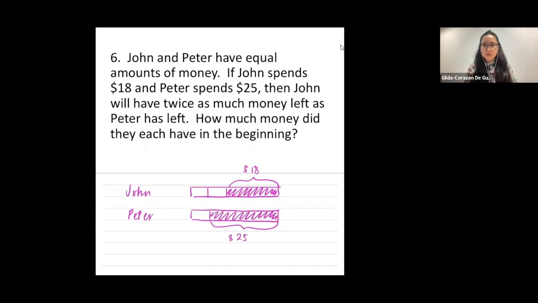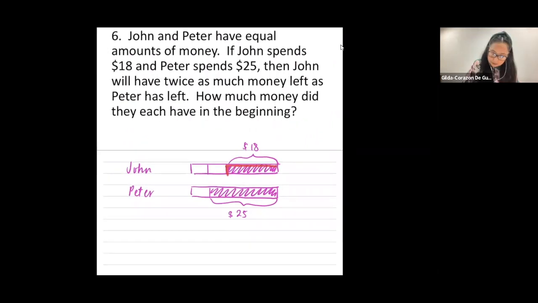So from this bar model method, we could say that from here to there is 18 and this one's 25. Well, that would mean that from here to there, that's really $7, right? So if that's $7, we can say this is also $7 and that would also be $7.